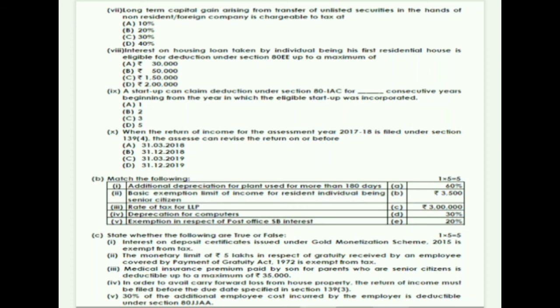Well, this is false. First of all, let's discuss what gratuity is. Gratuity is a sum of money paid by the employer to an employee for services rendered in the company. However, gratuity is paid only to employees who complete 5 or more years with the company.